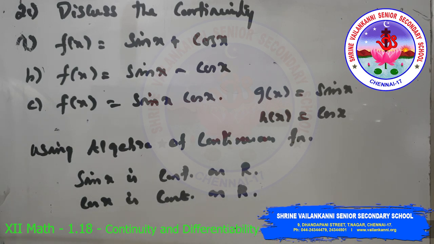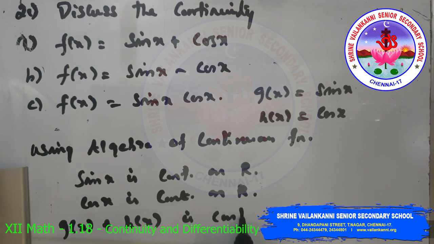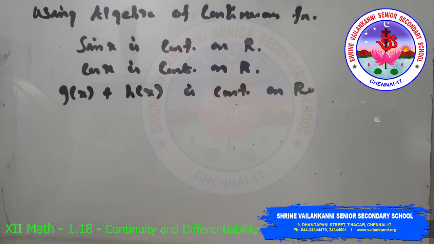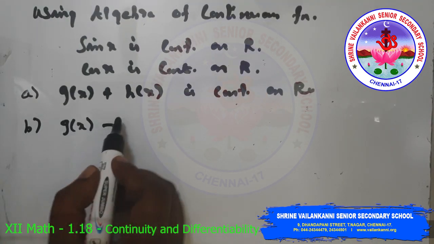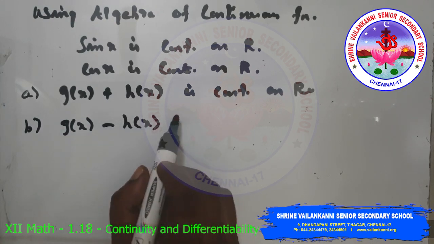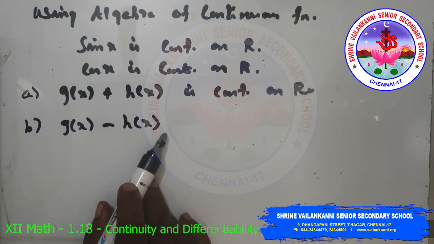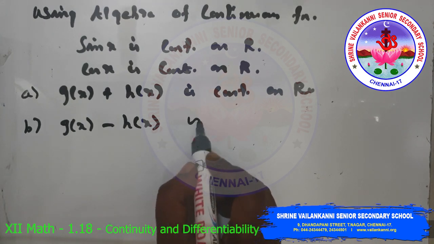Then using algebra of continuous functions, we have g of x plus h of x, that is sin x plus cos x, which is continuous on real numbers R. Then second part, g of x minus h of x, sin x minus cos x, which is continuous on R.